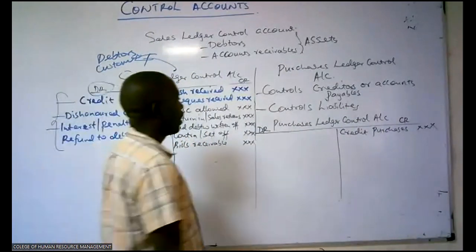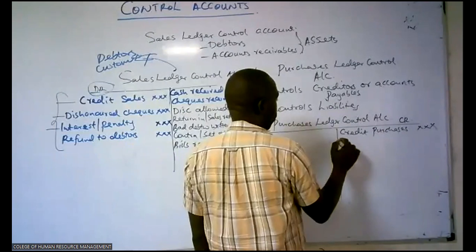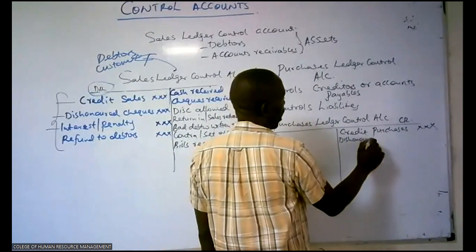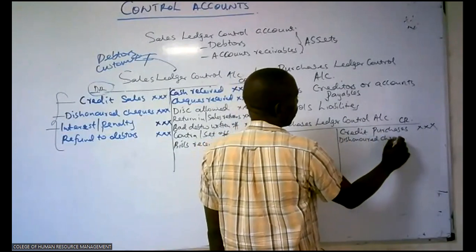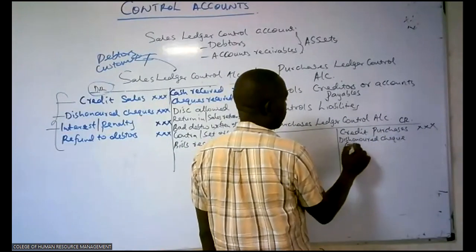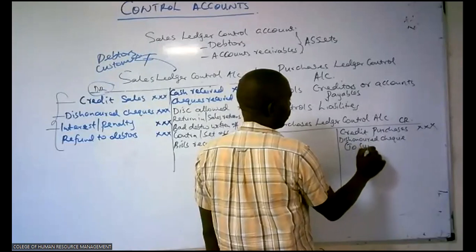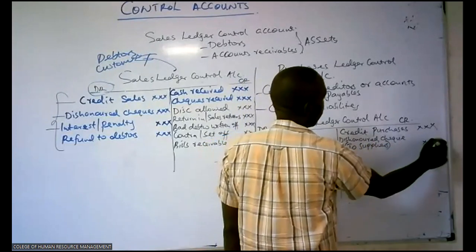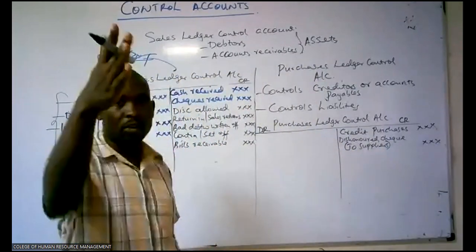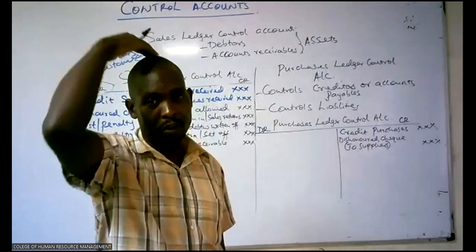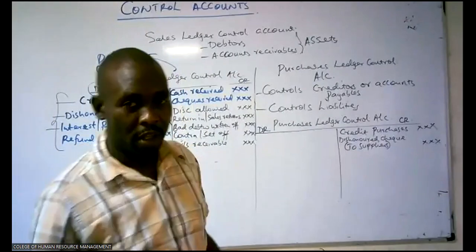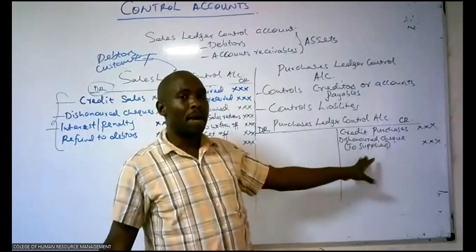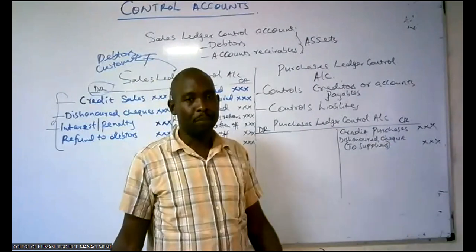Then we shall have, if there is any, in most cases it is rare, a dishonored check to a supplier. If we had issued a check to the supplier and the supplier took it to the bank and it was dishonored, it is like we have not paid that person. That money will be added back to our account to pay.